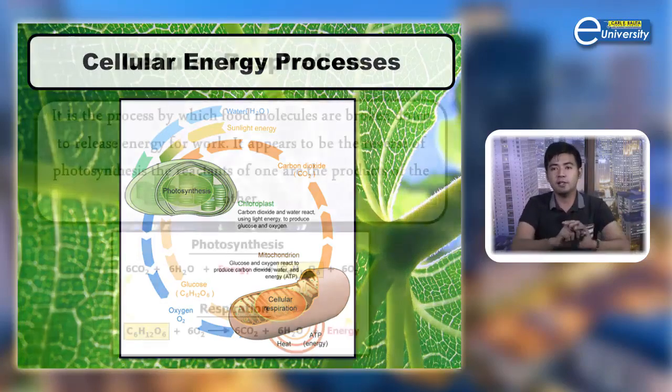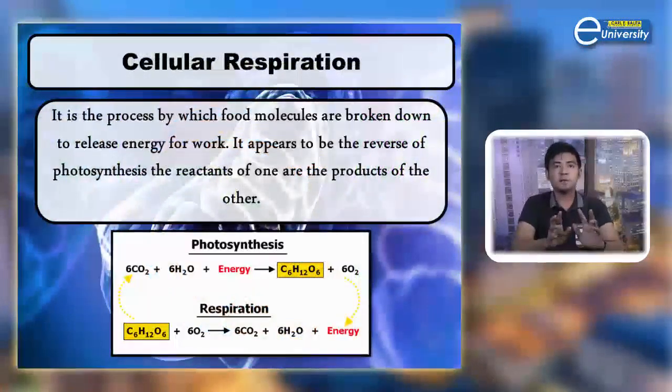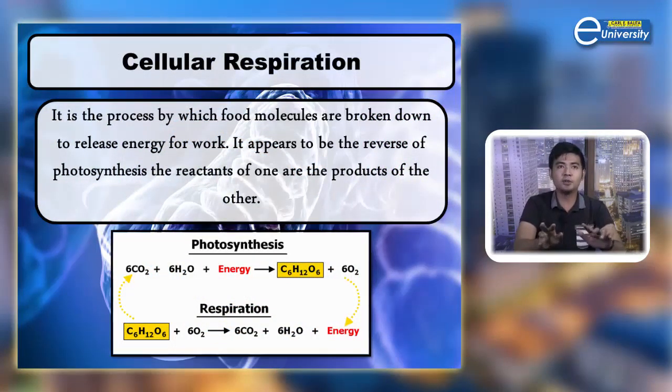So again, what is cellular respiration? Cellular respiration is the process by which food molecules are broken down to release energy for work. It appears to be the reverse of photosynthesis, because the products of photosynthesis serve as the raw material. So let's observe the illustration or the general equation of the two.